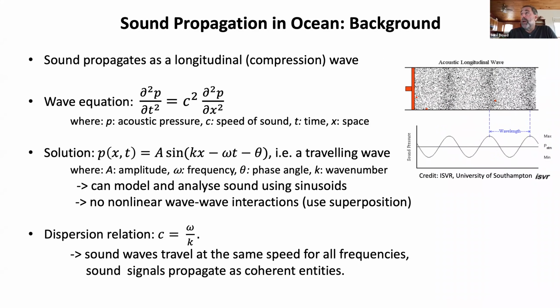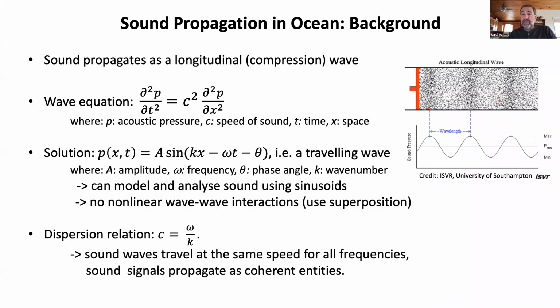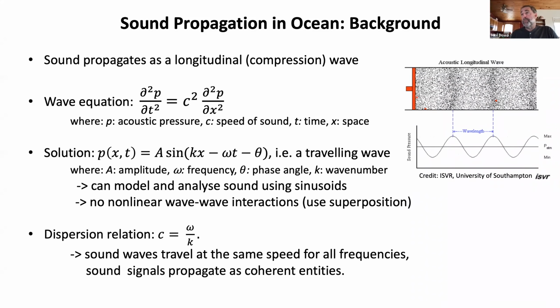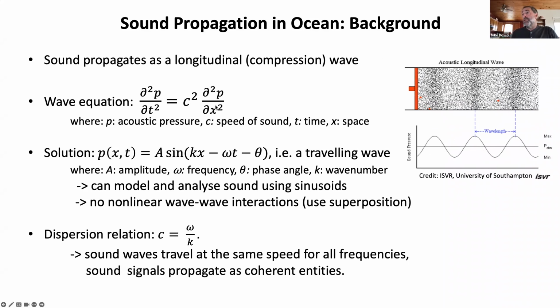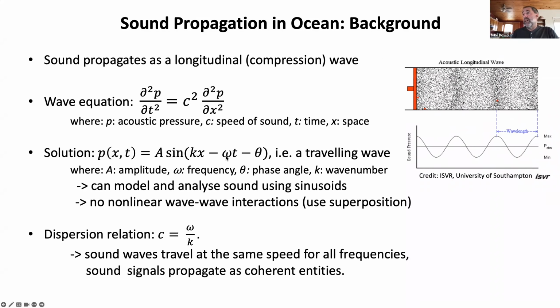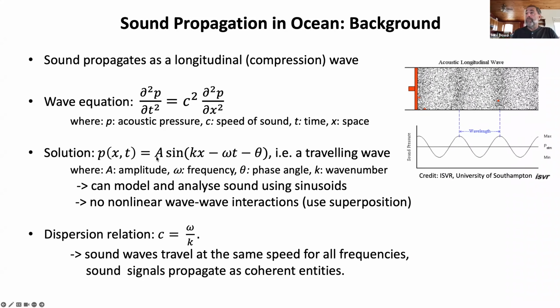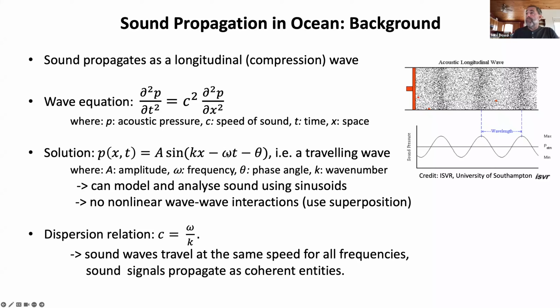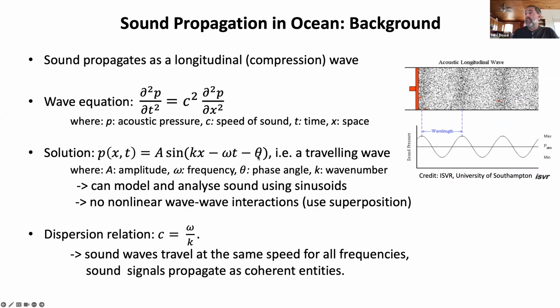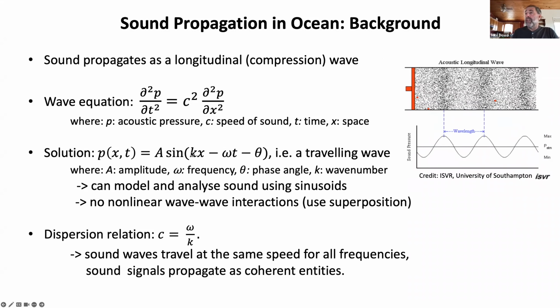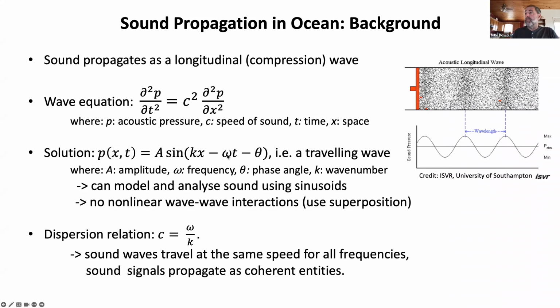It also implies that the analysis you use can be based on spectrograms. The solution for the wave equation is just a traveling wave formulated in terms of sines. We have to think about the amplitude and the frequency of the sound. We don't worry too much about the phase, and the wavelength of the sound is related to the frequency.